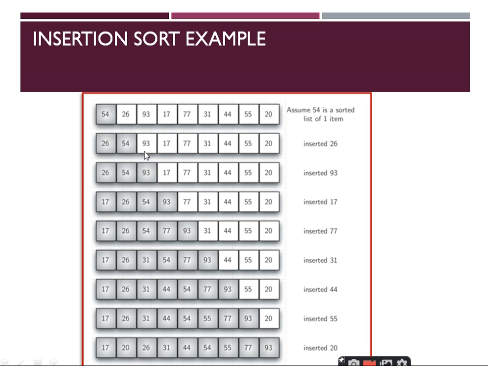Then next time we insert 93 and compare it with the remaining elements in the sorted list. If it is found to be greater, then it will be inserted. If it is found to be less, then it will take the appropriate position after swapping the elements.